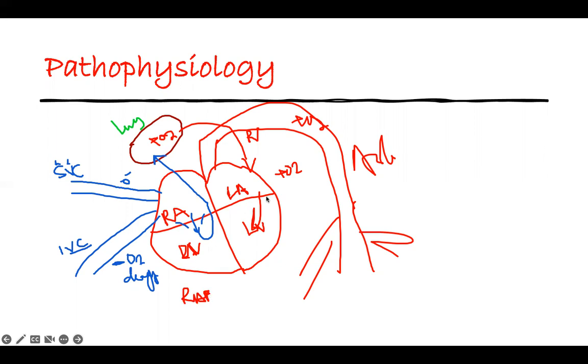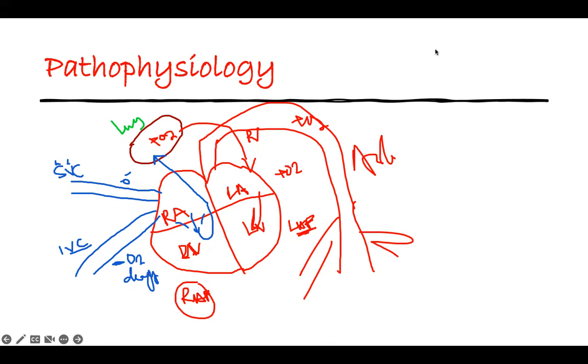Or the blood gets to the left ventricle and it can't pump it out. So it stays on the left side and you have left heart failure. This is the easy way to remember it. Blood stays on the left side, it's not coming out of the heart, and then it becomes left-sided heart failure. If you stay on the right side too much, it becomes right heart failure.